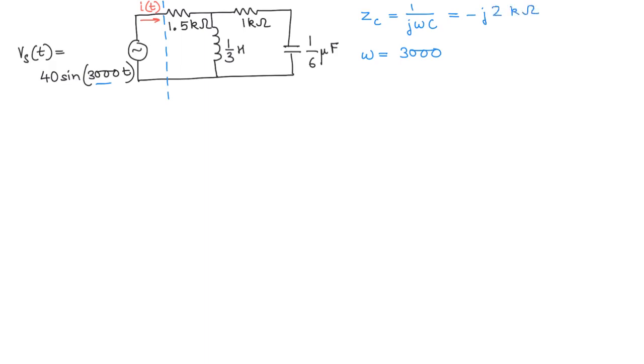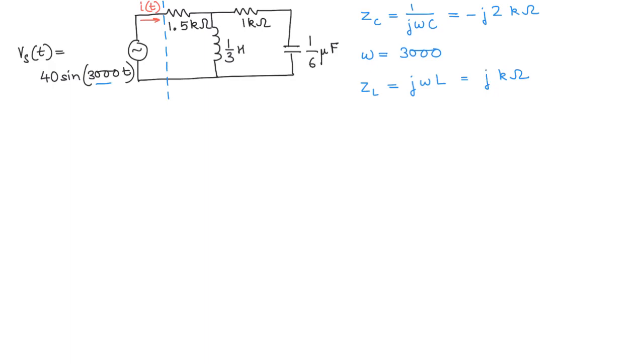Similarly, you can calculate the impedance of the inductor, which is given by j omega L, and that becomes 1 kilo ohm, of course j times 1 kilo ohm, or you could just say j kilo ohms. So let me just write it as j kilo ohms.